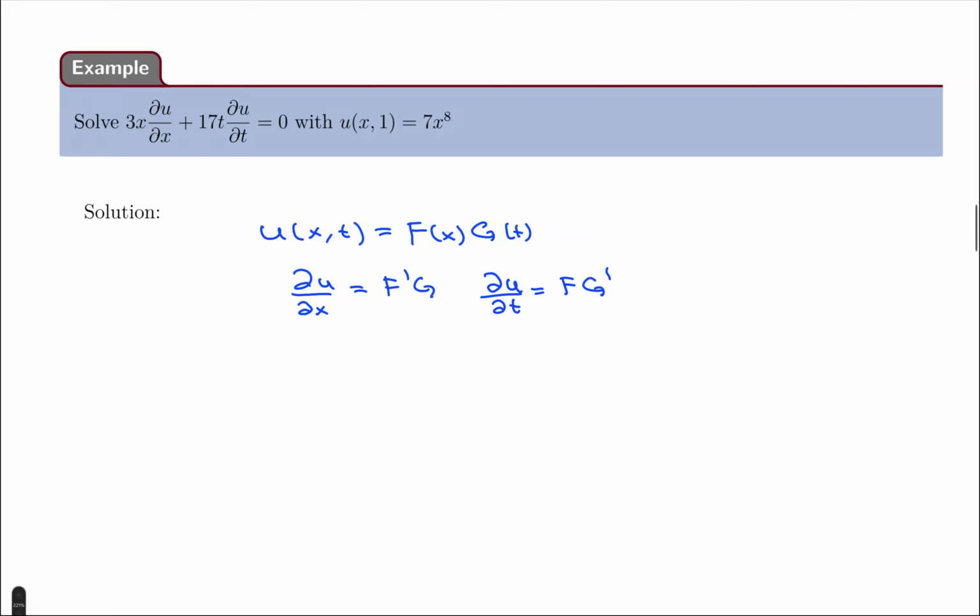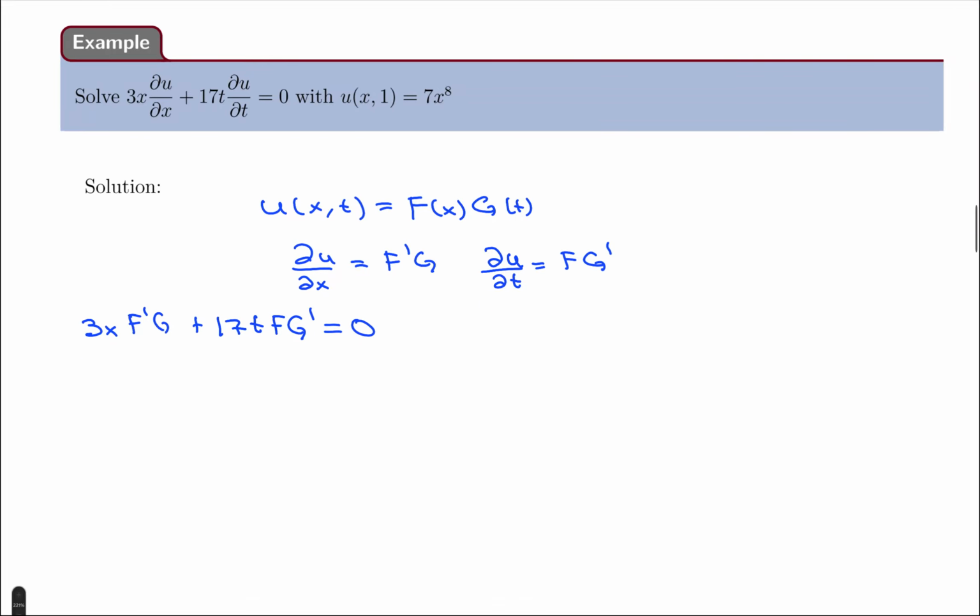Substituting this into the PDE, we get 3x f prime g plus 17t f g prime equals 0.